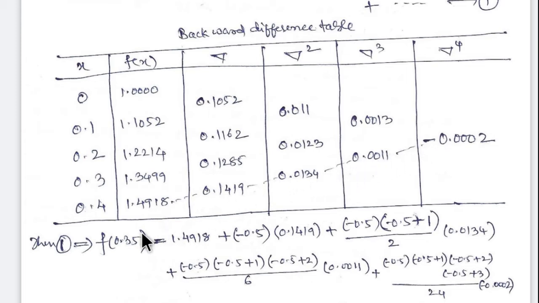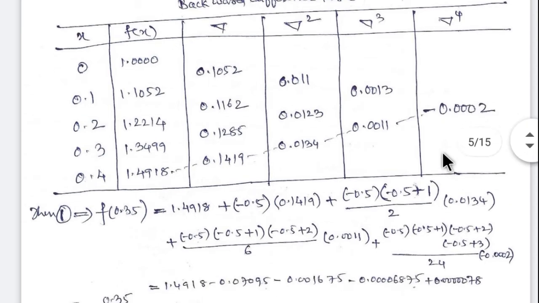If the value lies at the end of the table, you can use the end of the table values, all the differences. In the last example, you used the beginning of the table. There you say f of x naught, delta of f of x naught, delta square of f of x naught. Here you say f of xn, del of f of xn, del square of f of xn, del cube of f of xn, del fourth of f of xn, like this. Here this is the f of xn value.